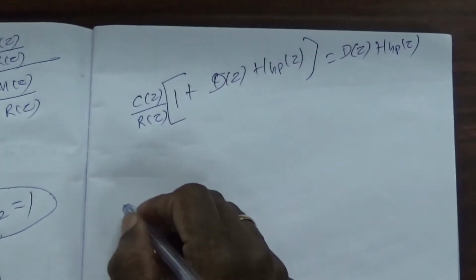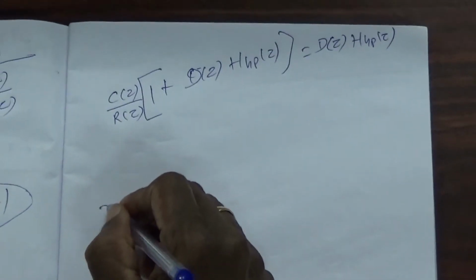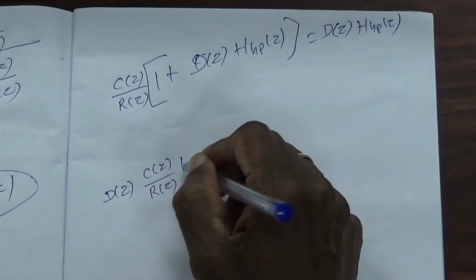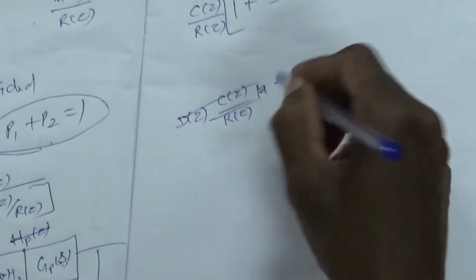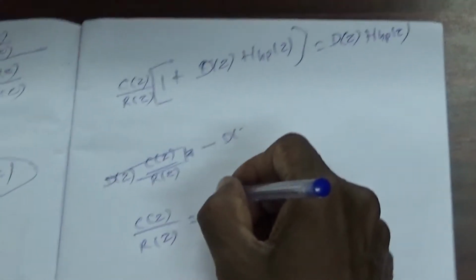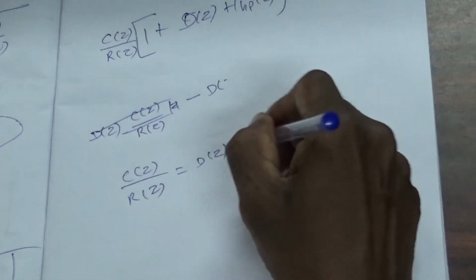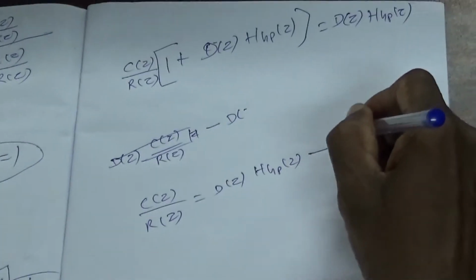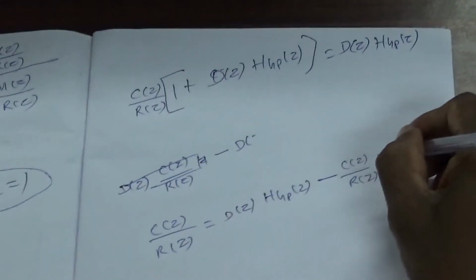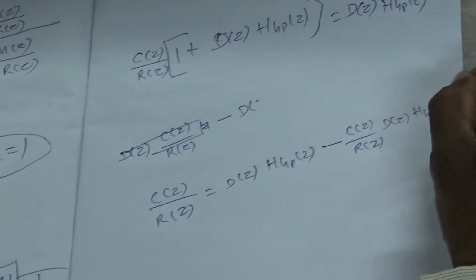D of z can be grouped one side, we will get C of z by r of z equal to d of z HGP of z minus C of z by r of z d of z HGP of z.